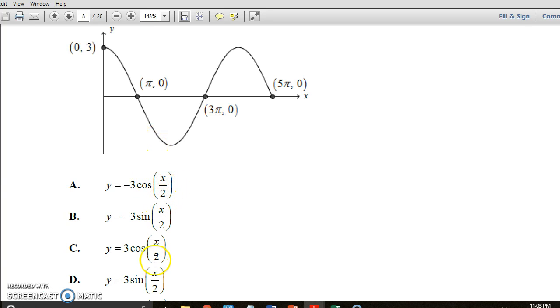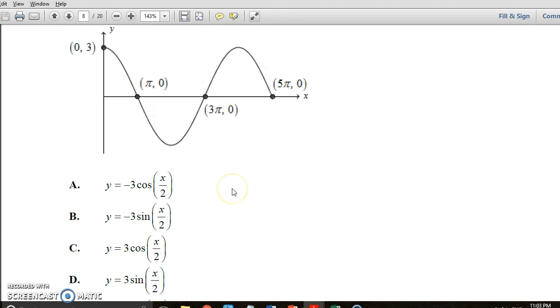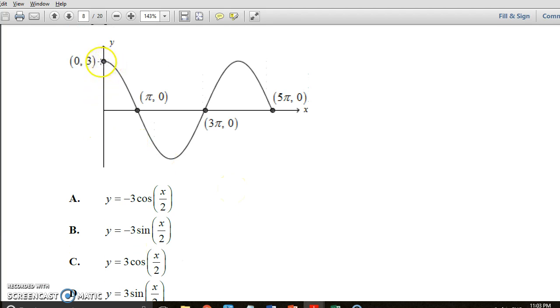Currently they are all a half, except for this one, which is 2x. So let's have a look at this. We're starting off here at 0 and 3. That's one cycle there, but we don't have any information for it. What we do have information for is this. From here, we go up and around and then down. That's our cycle. So if we're going from pi to 5 pi, that tells us that our cycle is 4 pi.